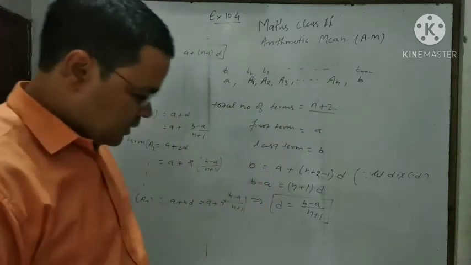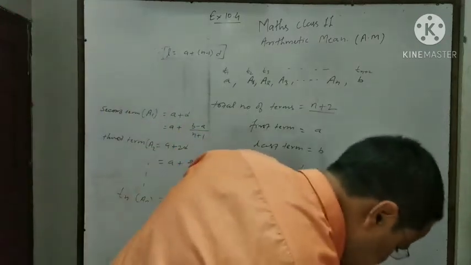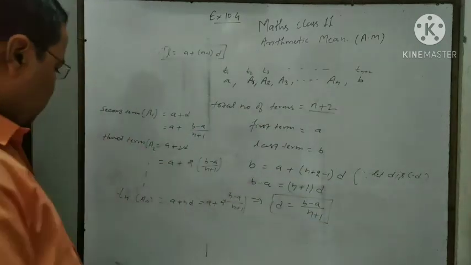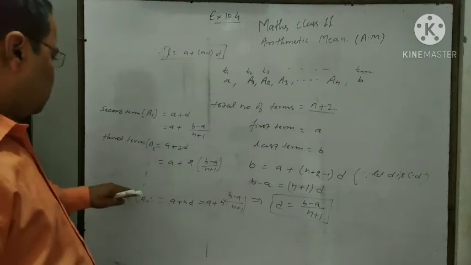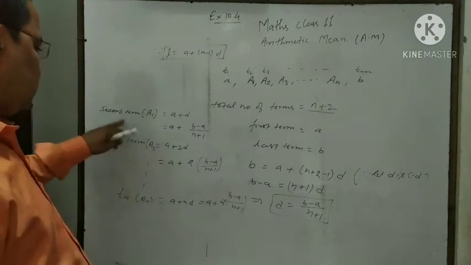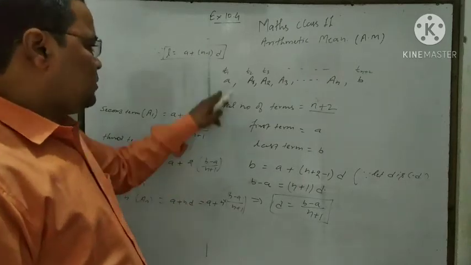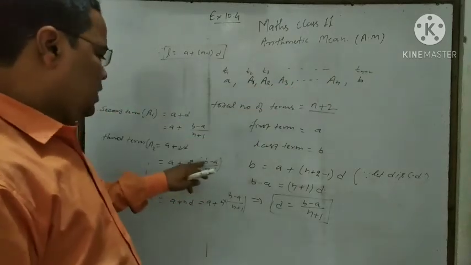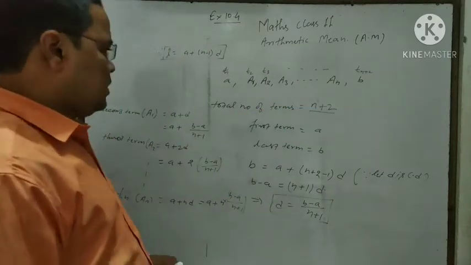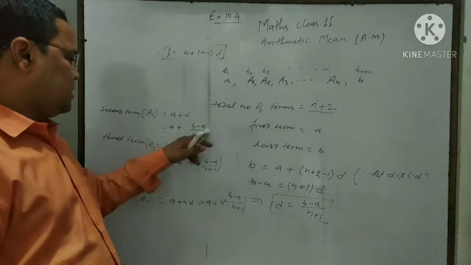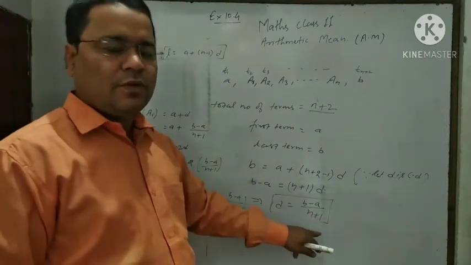Now here we can find the nth term and the terms before this, that is first term, second term, third term, using the first term a of this arithmetic progression and the last term b. And we know that b minus a upon n plus 1 is the common difference from this formula.